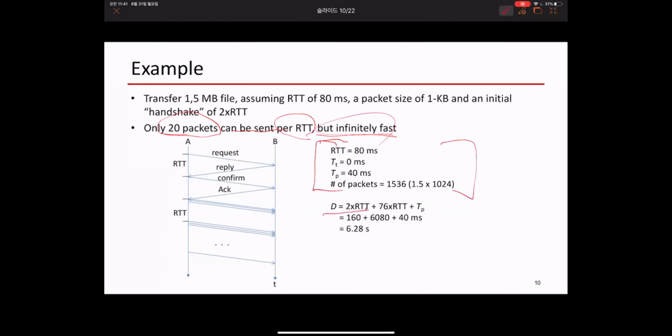Initially, I have to do connection establishment, which will take 2 RTT. Then I have to do it 20 times.